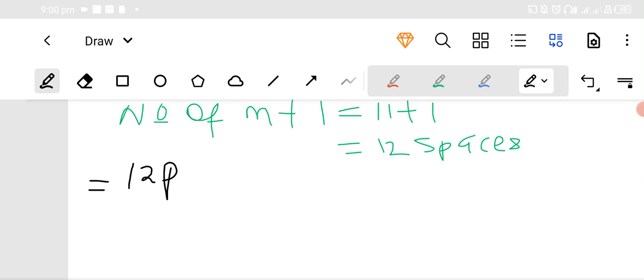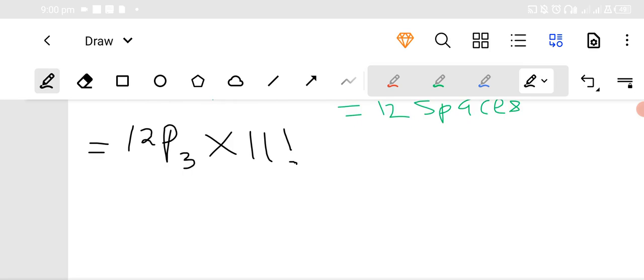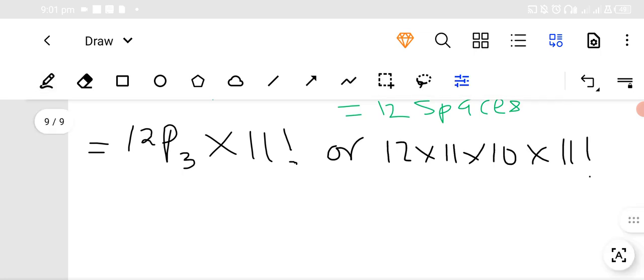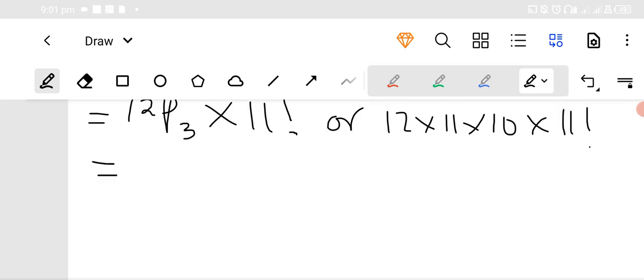So 12 permutate 3. 12 permutate 3 is the same as saying, in the first space, you put a woman, that woman will have 12 spaces, the second one will have 11, the third one will have 10, so 12 times 11 times 10, times the other men, 11 factorial. We will find the same answer.